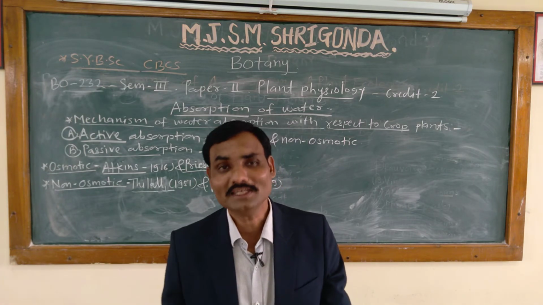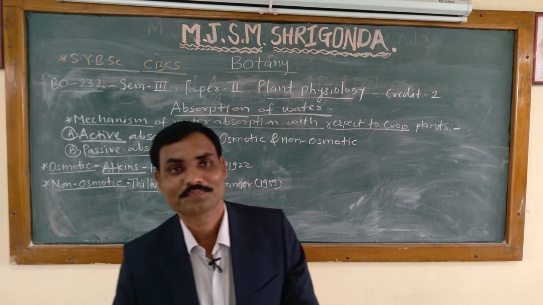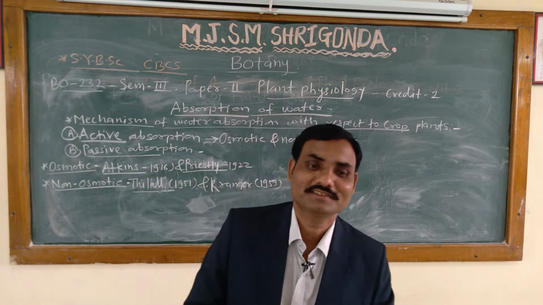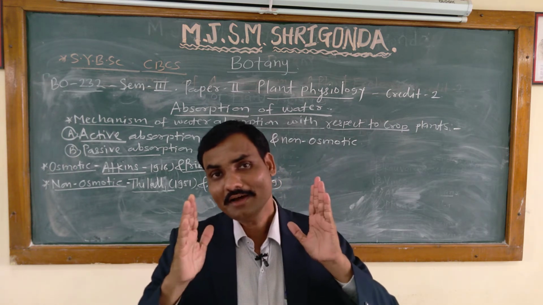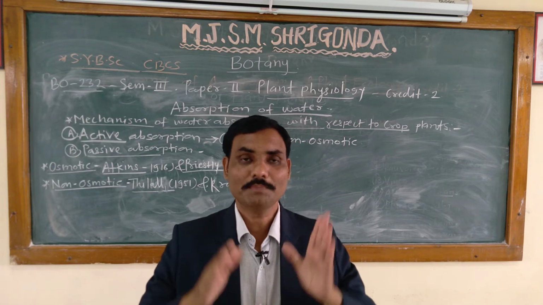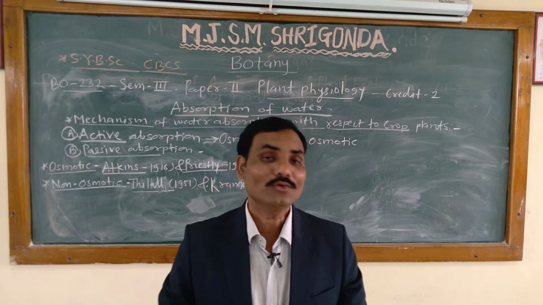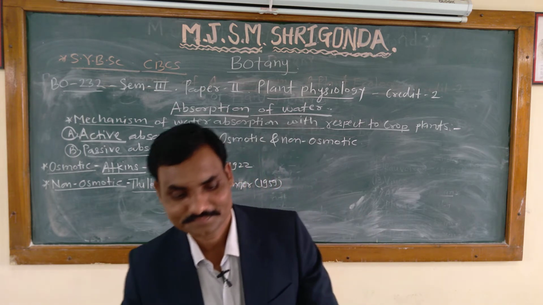It may be a crop plant or it may be a wild plant. But in our syllabus, the mechanism of absorption of water with respect to crop plants is a small article, and we are going to learn about that article.